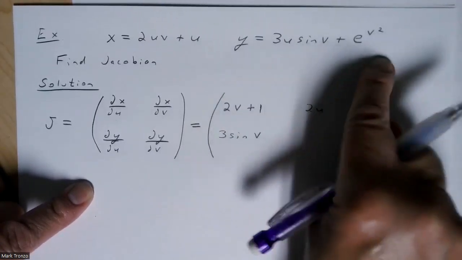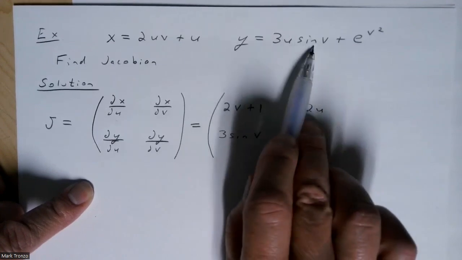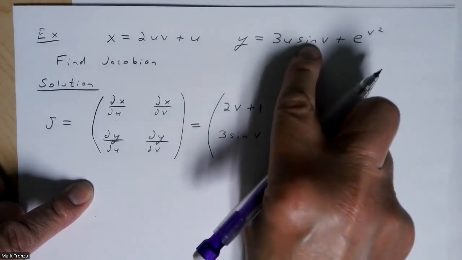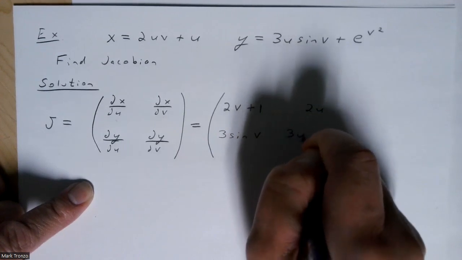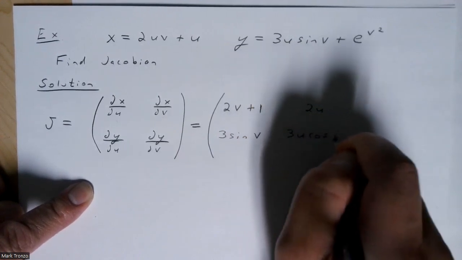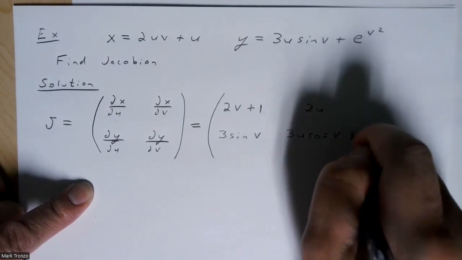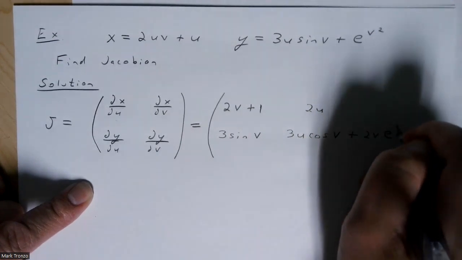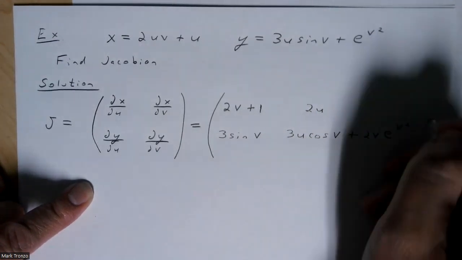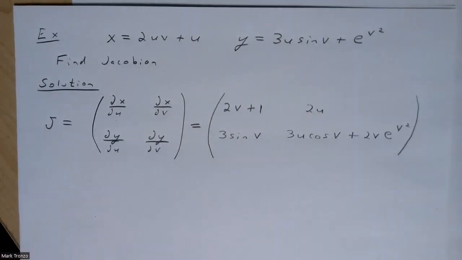And then the derivative of this with respect to v, this becomes cosine, and that will be 3u cos v plus the derivative of this with respect to v, that'll be 2v e^(v squared), like that. And that would be the Jacobian in this case.